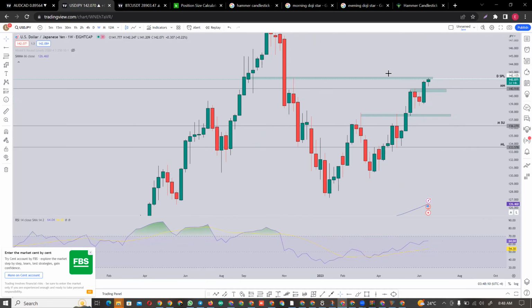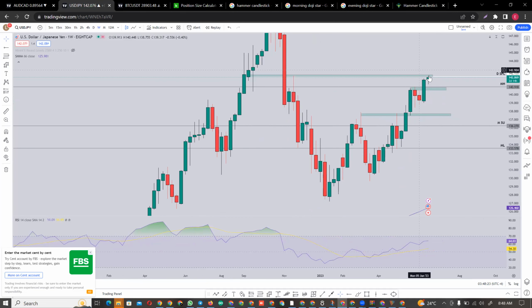So we have this week that is here. I marked this week because sometimes the market respects a week well. So I just mark it to serve as a speed break on the road.